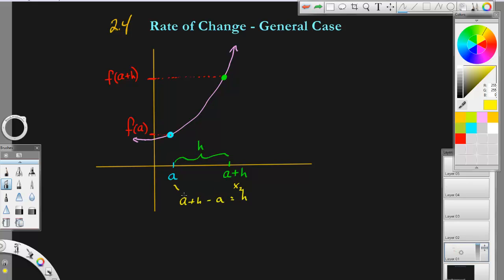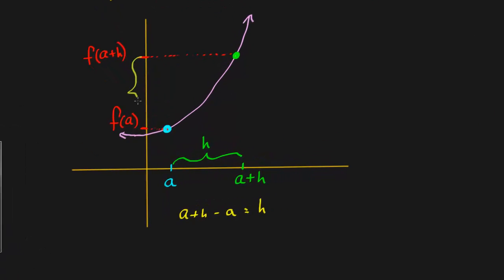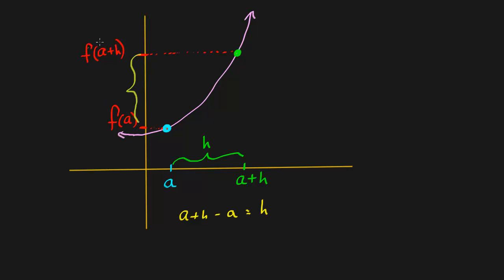So let me get rid of that so it doesn't goof this up. This distance, let me find some kind of strange color. This distance here is the difference between these two. So instead of y2 minus y1, it's going to be f of a plus h minus f of a. So it's this minus that.